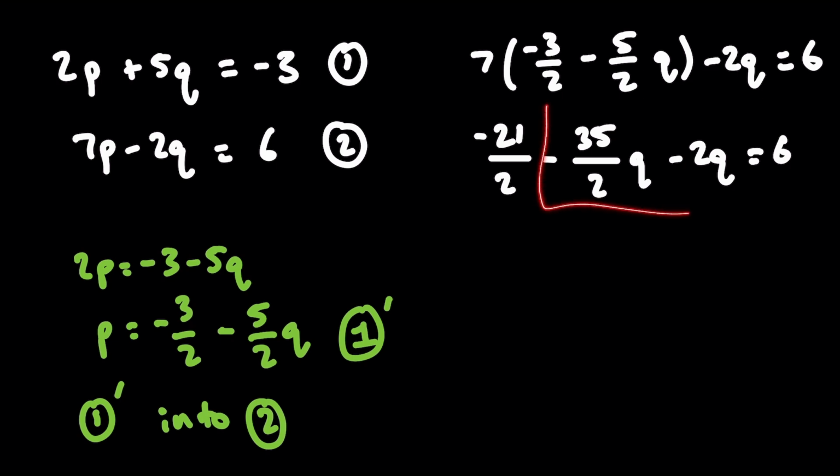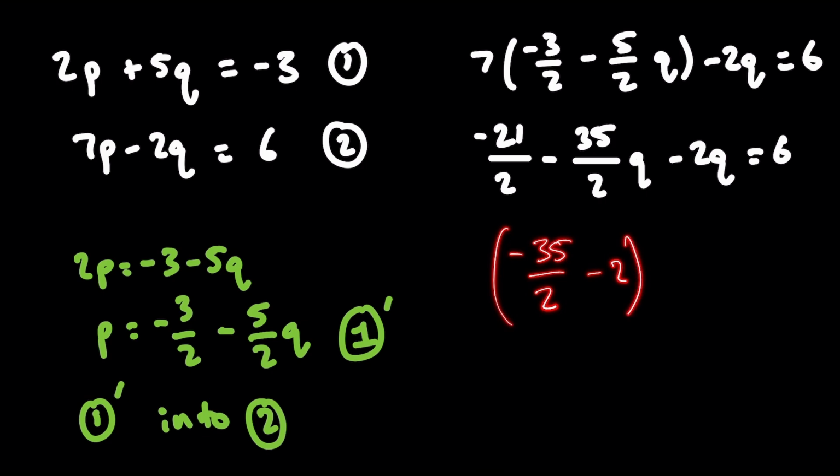Next, I can combine the q's over here. And the way we combine the q's is we treat this like it's an object, like it's a number of something. If I have minus 35 on 2 q's minus 2 q's, I'll have minus 35 on 2 minus 2 q's. That's how many I'll have. So we need to work out what this is here.